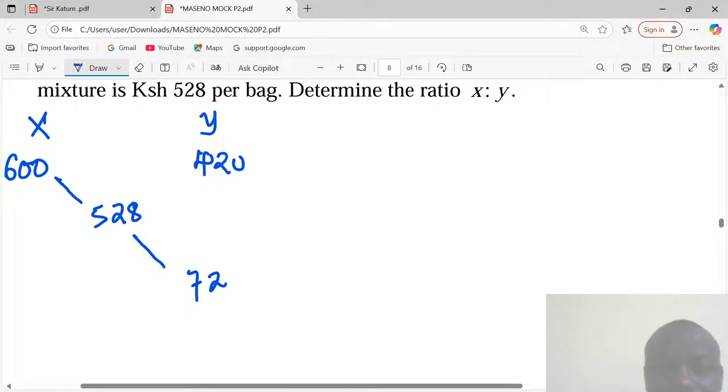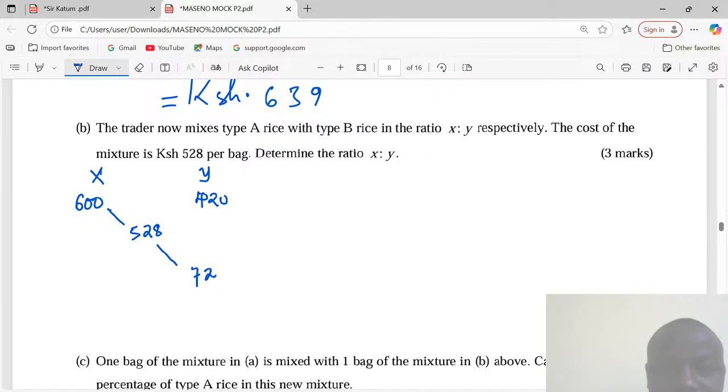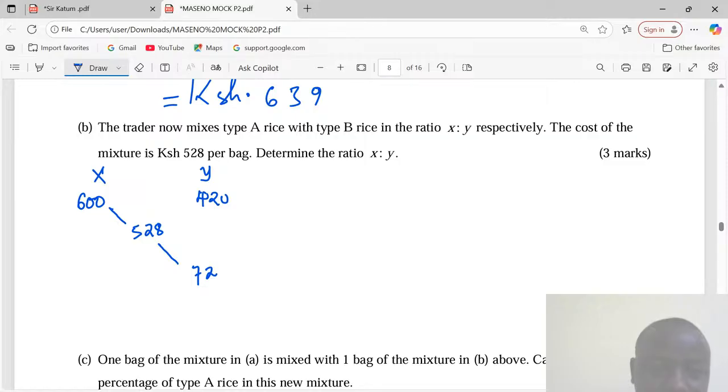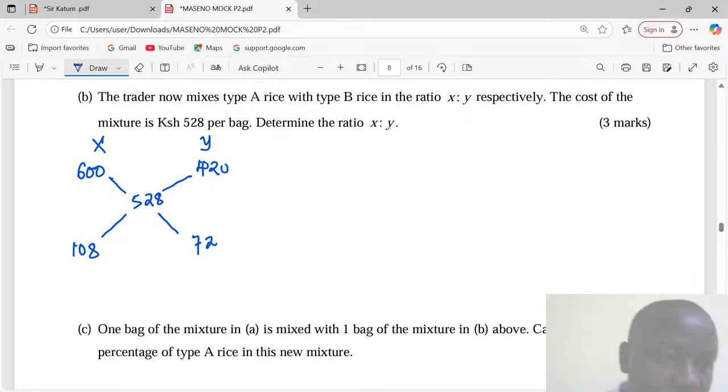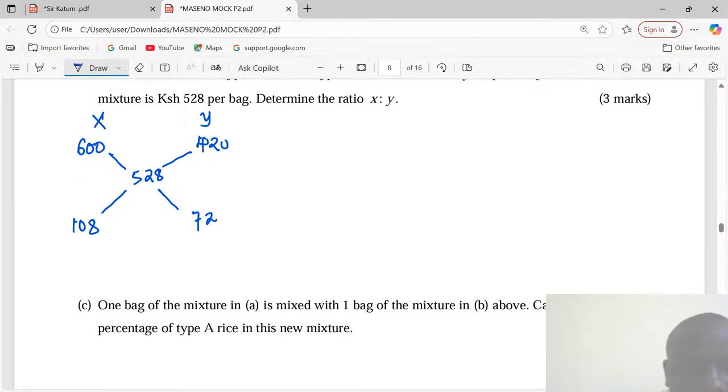You take 528 and you subtract 420 here. So we get 108. So now with 108 and 72, we can take the ratio in its simplest form. So X:Y equals 108 is to 72.